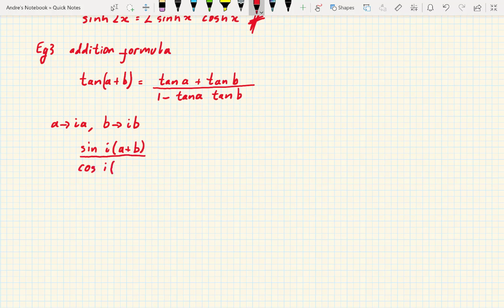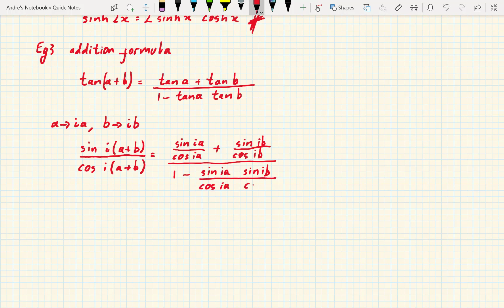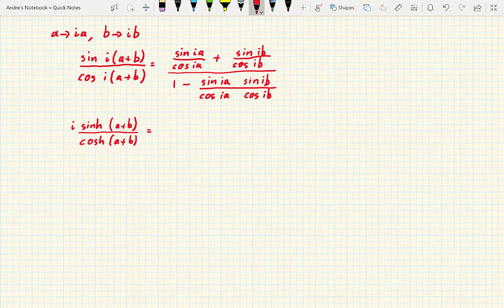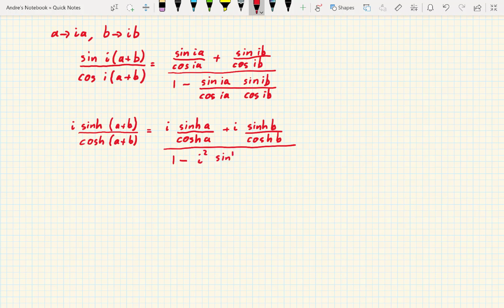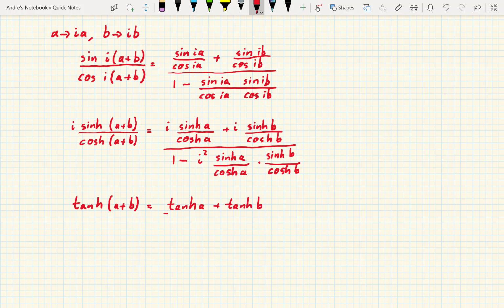Now replace a by ia and b by ib, and writing tan as sine over cos, we get sine of i into a plus b over cos of i into a plus b equals sine of ia over cos of ia, etc. Now we replace sine by sinh and cos by cosh in the usual way to give i sinh of a plus b over cosh of a plus b equals i sinh a over cosh a, etc. Cancelling i from both sides and tidying up gives tanh of a plus b equals tanh a plus tanh b over 1 plus tanh a tanh b.